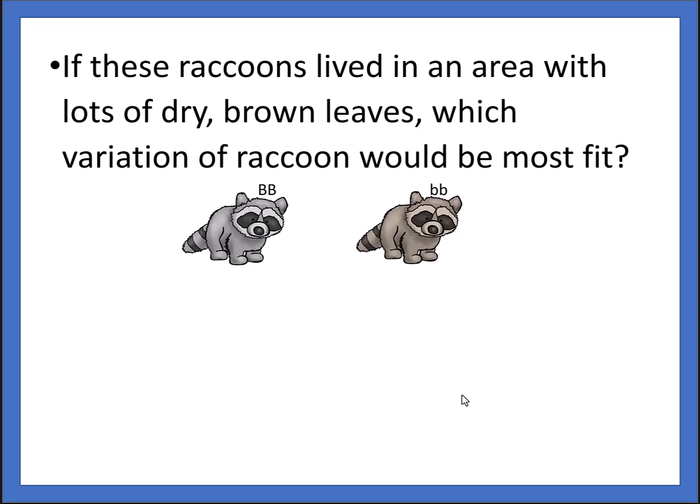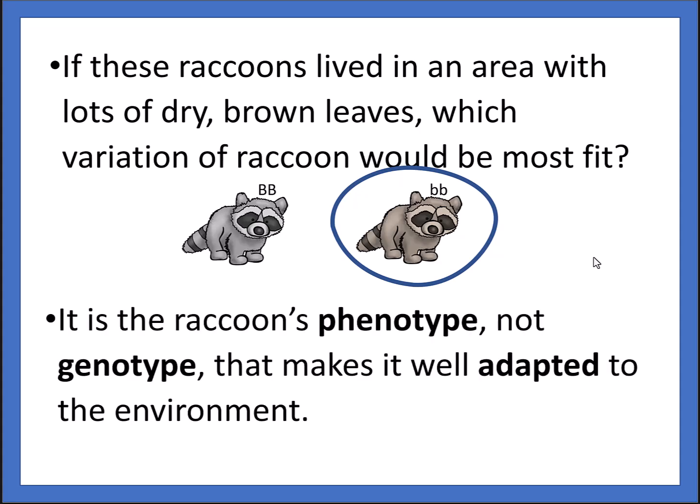If these raccoons lived in an area with lots of dry brown leaves, which variation of raccoons would be the most fit? If we've got dry brown leaves in the environment, the browner of the 2 raccoons would be more fit for its environment, better adapted for survival. It's the raccoon's phenotype, not its genotype, that makes it well adapted to the environment.